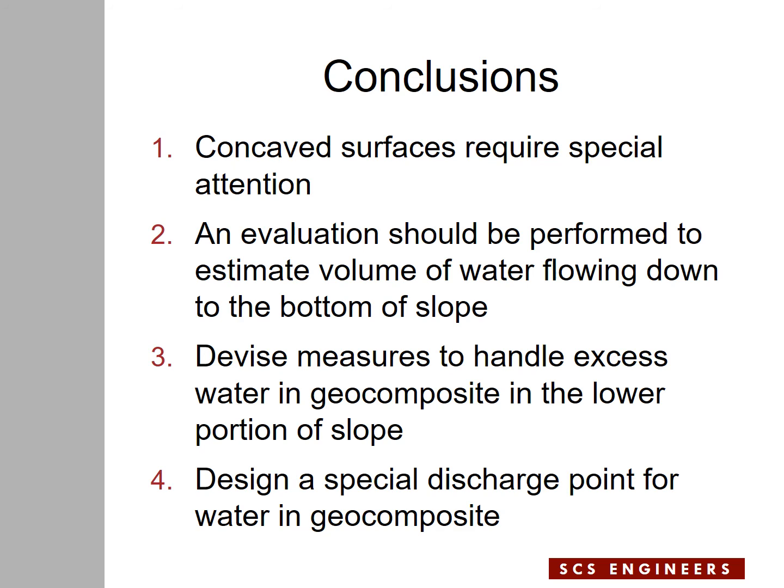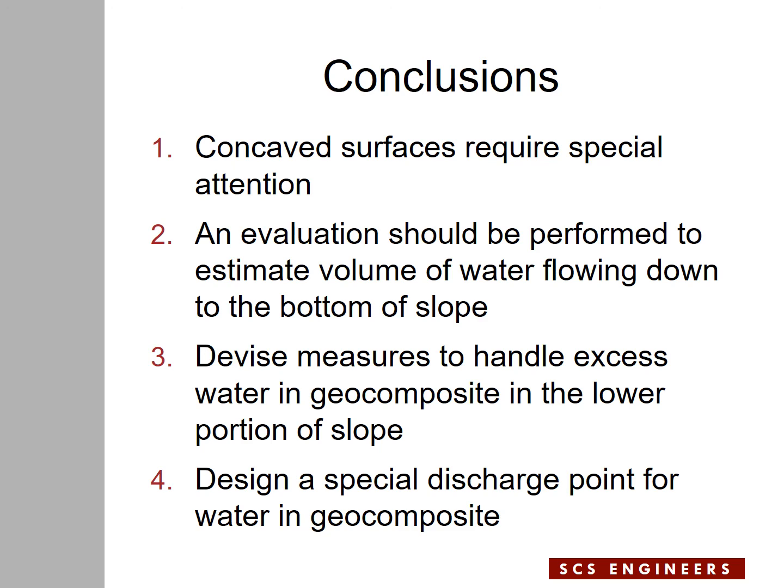Conclusions: concave surfaces require special attention at the design stage. The convergence of flow in the composite is of extreme importance. Evaluation needs to be performed in order to estimate the volume of water flowing down to the bottom of the slope, and from there devise measures to handle excess water in the composite in the lower portion of the slope.